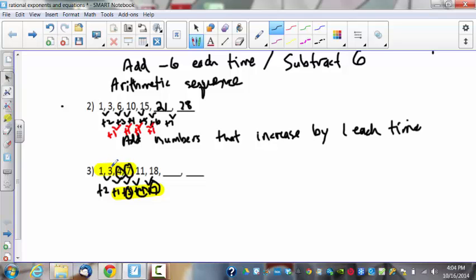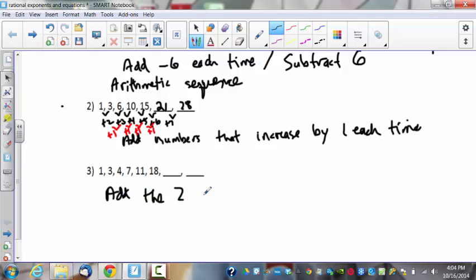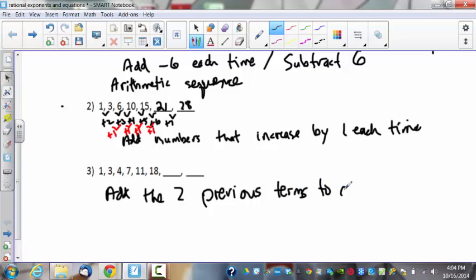The 3 comes from the number before that. So if we want to articulate that, what we can do is say, add the 2 previous numbers or terms to get the next term.